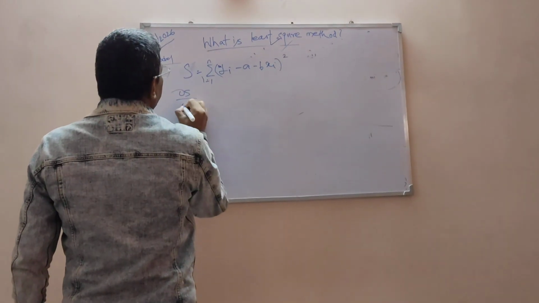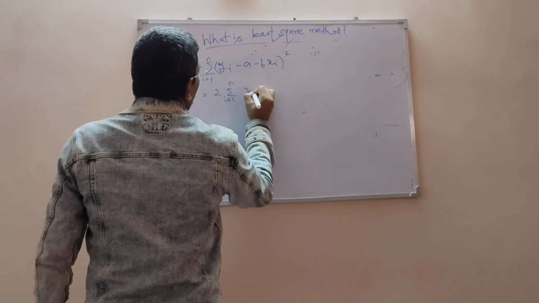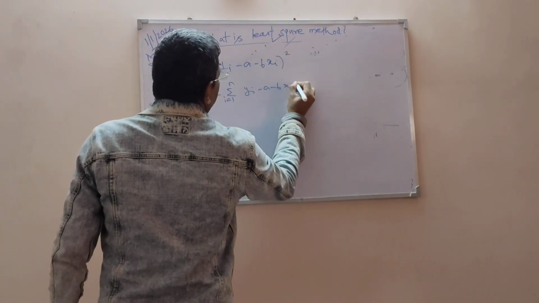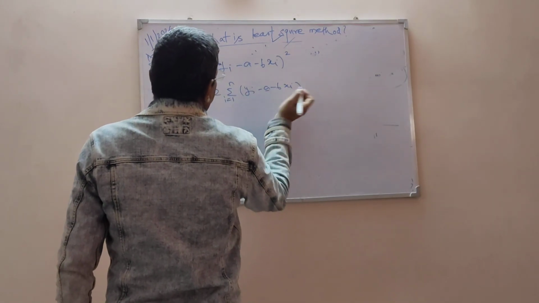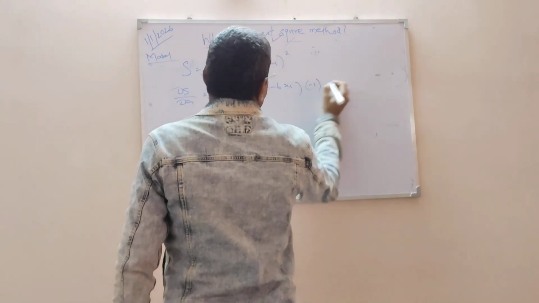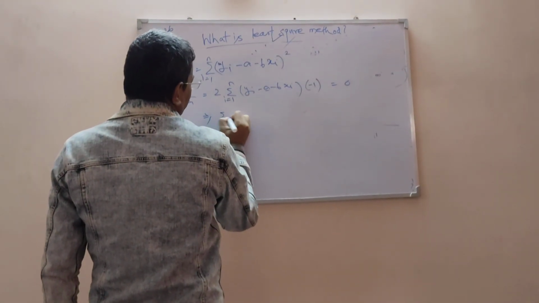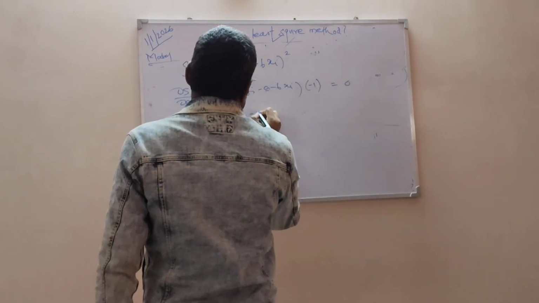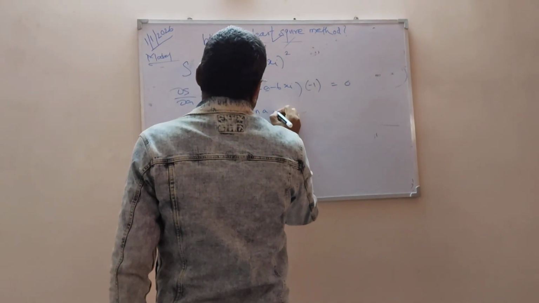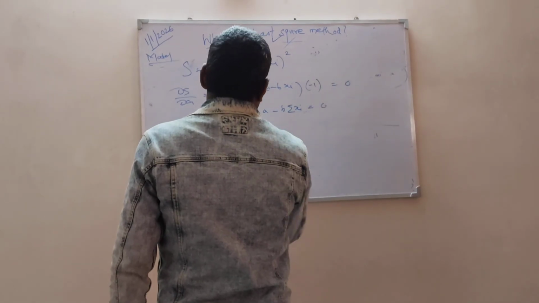So what will be dS by da? This will be 2 times the summation i from 1 to n of yi minus a minus b xi, then we differentiate with respect to a, which is minus 1, and that equals 0. If you simplify it, it becomes the summation i from 1 to n of yi minus n a minus b summation xi equals 0.